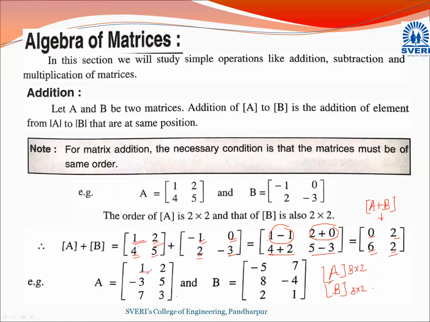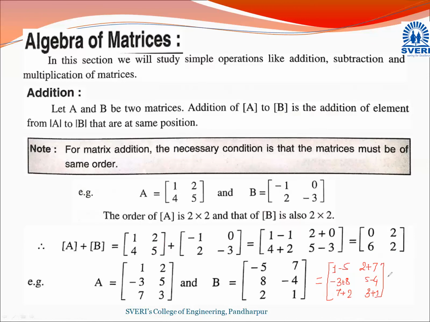So in the same way, we can add the first element of the first row of A with the first element of the first row of B. Then 2 plus 7, I am writing here: A plus B is equal to 1 minus 5, 2 plus 7, minus 3 plus 8, 5 minus 4, 7 plus 2, 3 plus 1, which is equal to minus 4, 9, 5, 1, 9, 4.